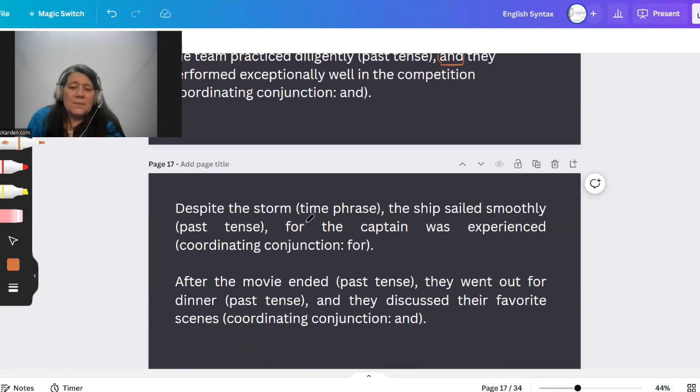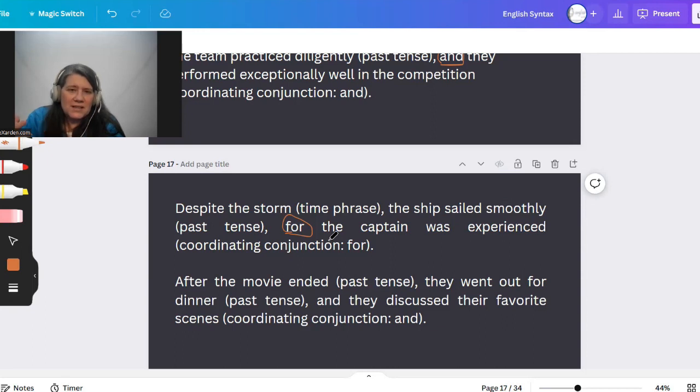Despite the storm, that's the time phrase, the ship sailed smoothly, for the captain was experienced. For here is another way of saying because the captain was experienced. Now, we usually don't use for in spoken language, but you'll see it in poetry and you'll see for used as a conjunction like this.